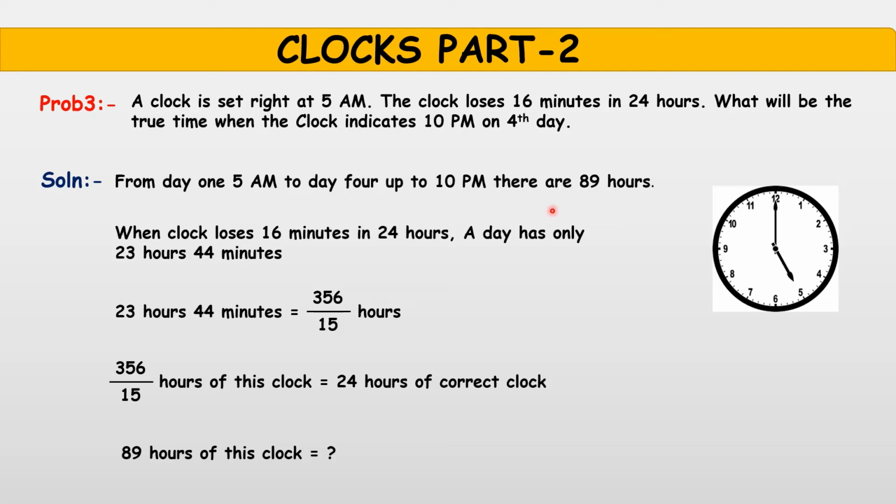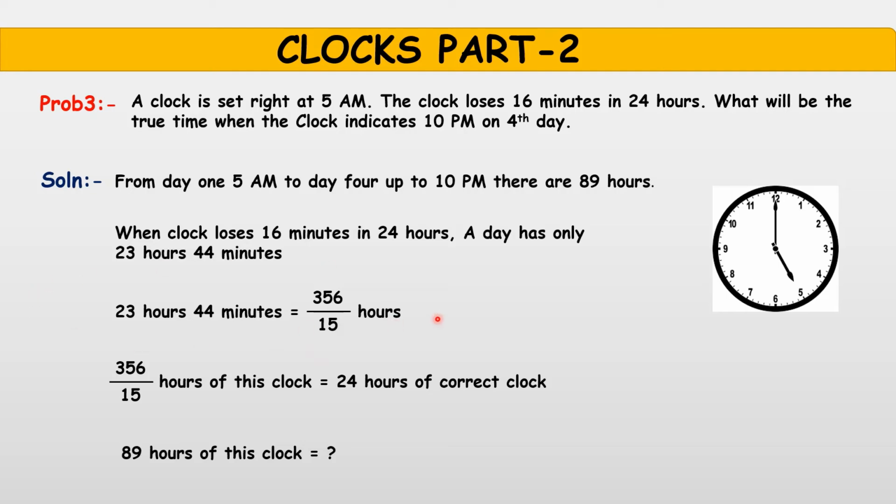Okay, we need to find the correct time. Now 10 p.m. is a false time because after losing, it's showing 10 p.m. So what if it doesn't lose any time and shows the correct time? For that we need to find. We know that a day has only 23 hours 44 minutes.